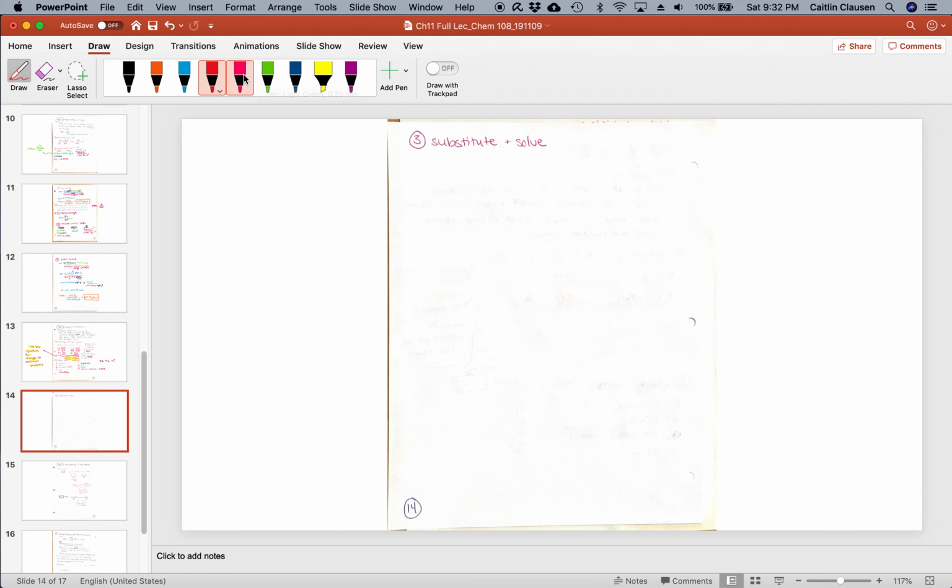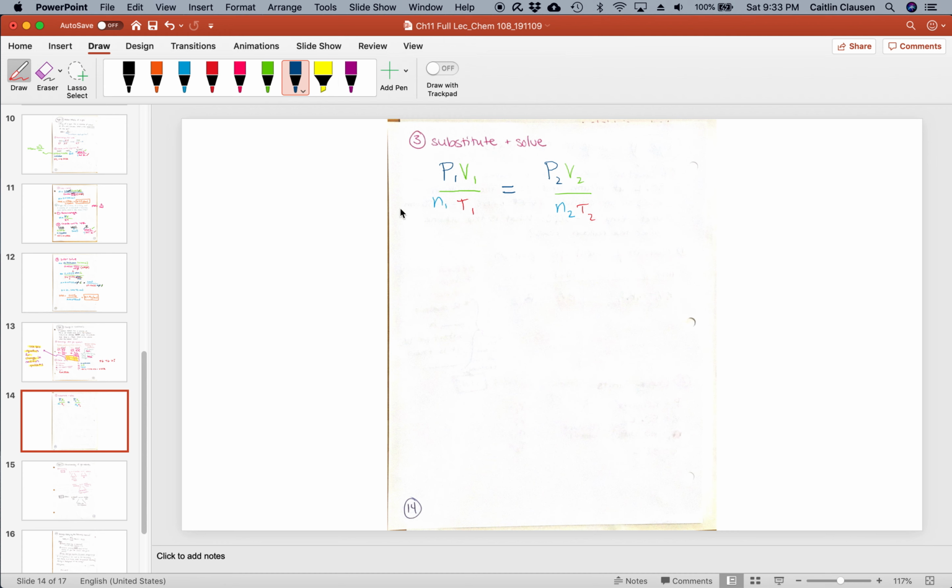Alright, I'll substitute this into that lovely new equation: P1 times V1 over N1 times temperature 1 is set equal to P2 times V2 over N2 times temperature 2.